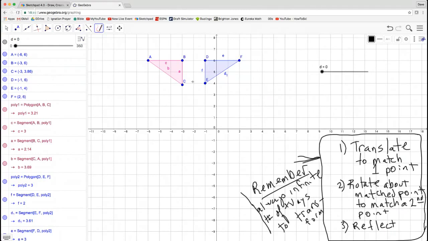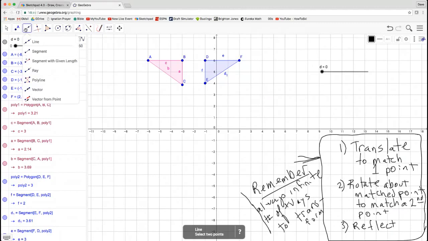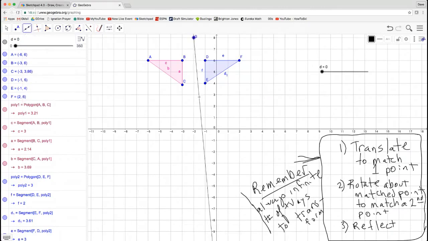Okay, so I think you can see, if we were just to draw a line right here, you could actually reflect this object, triangle ABC, and it would become triangle FDE. You can see that, I think.